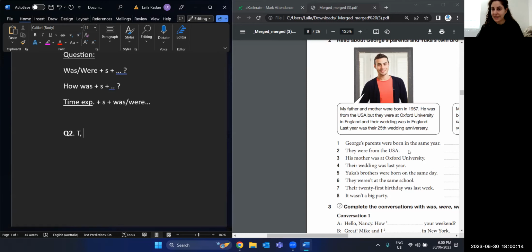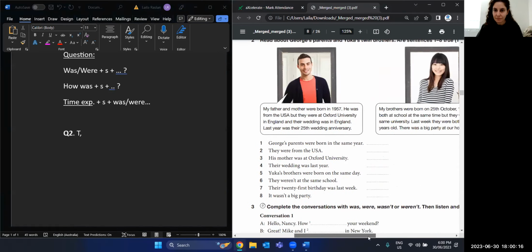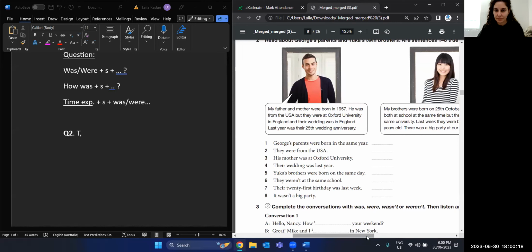They were from the USA. He was from the USA, but they were at Oxford University in England, and their wedding was in England. They might have been from England, maybe.